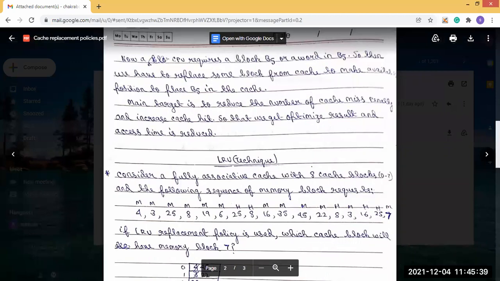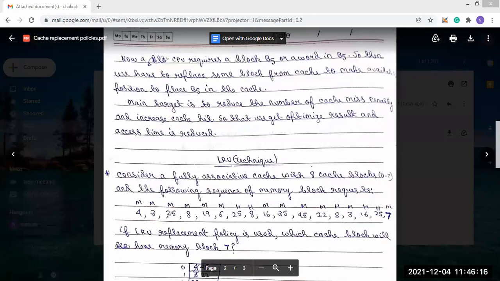The problem will be given like this: consider a fully associative cache with 8 cache blocks, that means from 0 to 7, and the following sequence of memory blocks is requested: 4, 3, 25, 8, 19, 16, 25, 8, 16, 35, 45, 22, 8, 3, 16, 25, and 7.